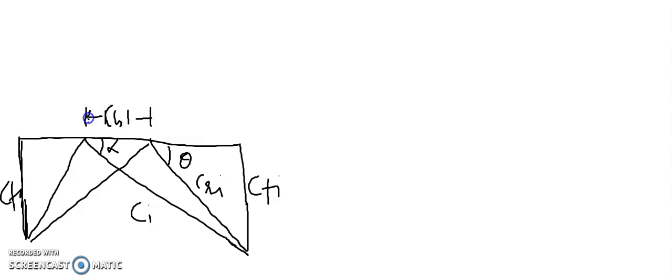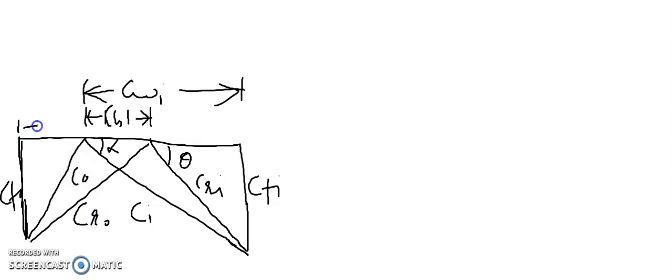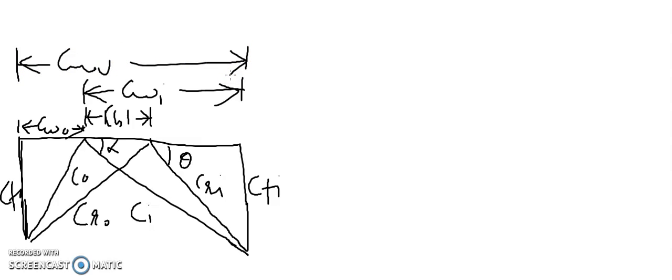CBL is this much only. This is CWI. Then this is CR naught. This is C naught. This is CW naught. Then this whole is known as CW. So this is the triangle.